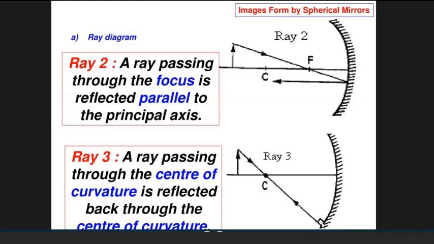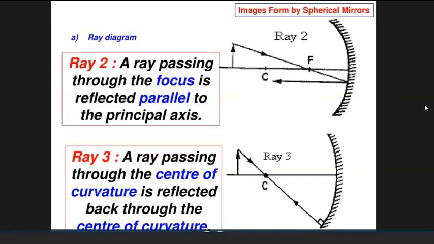So after reflection, it will reflect back through the center of curvature, because a ray passing through the center of curvature is perpendicular to the spherical mirror, and hence it reflects back along the same path. Only these three rays we have to use in order to draw a ray diagram.